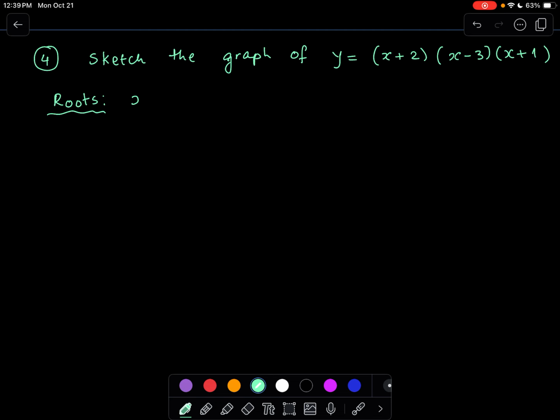I hope that you had a go at it by pausing the video. So what are the roots? x equal to -2, x equal to 3, and x equal to -1.